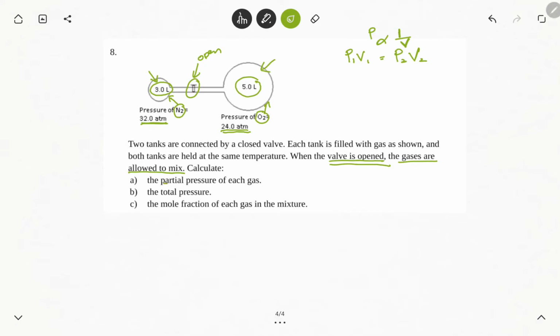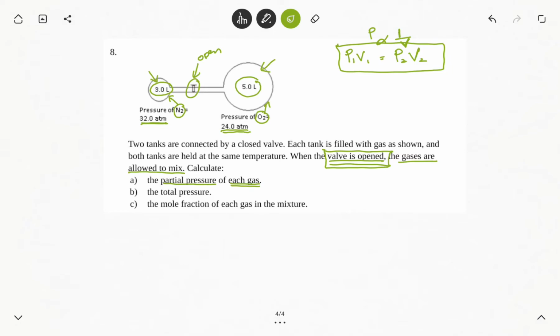In order to calculate the partial pressure of each gas after the valve is open, we know that the partial pressures of oxygen gas and nitrogen gas will change. So how to calculate? We are going to use the formula of Boyle's law.